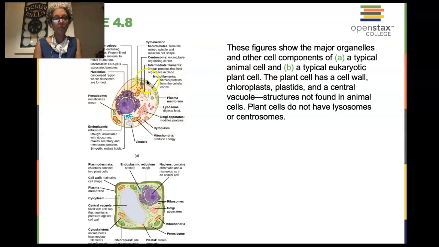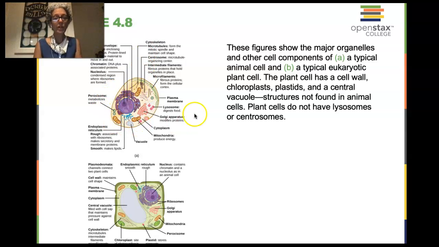The animal cell and the plant cell both have these little hair-like things inside them that are the cytoskeleton. Cyto means cell, so it is the cell skeleton.